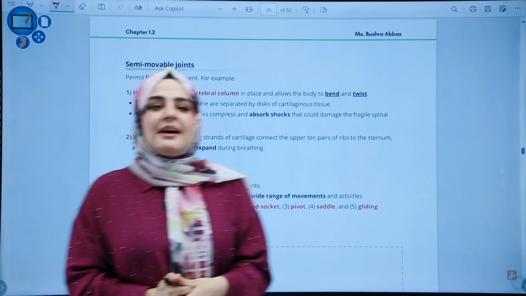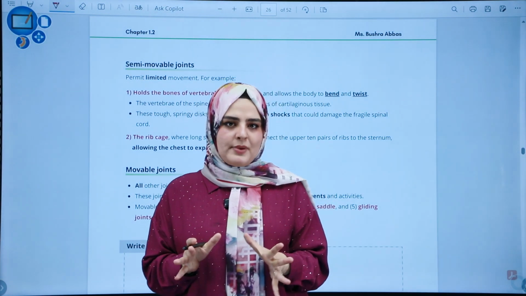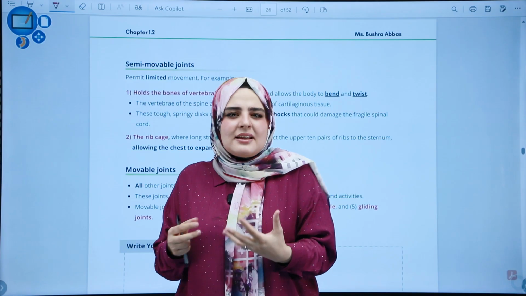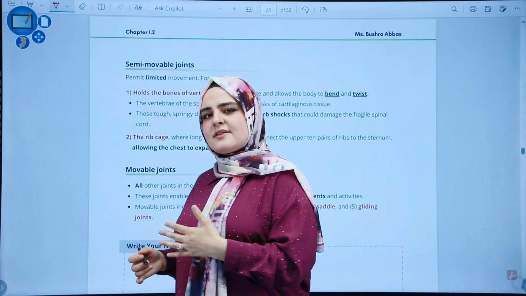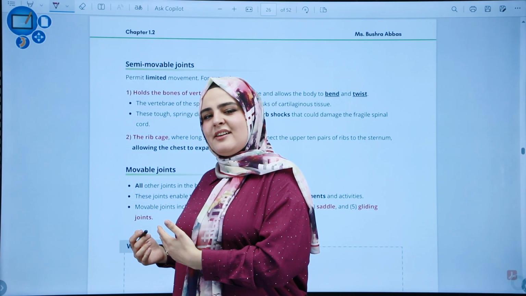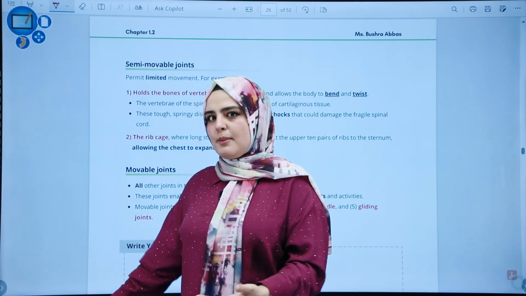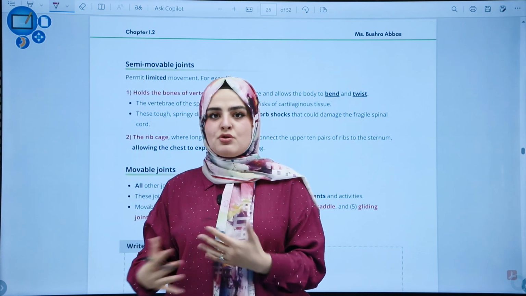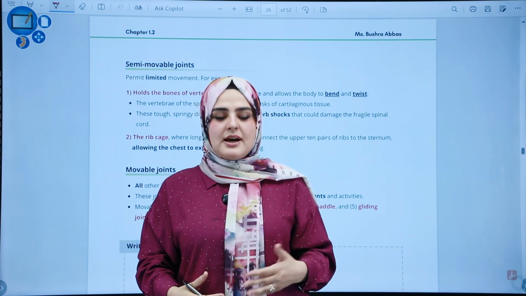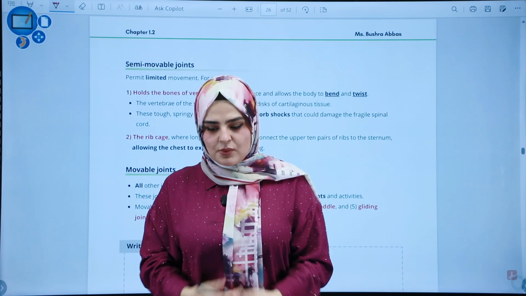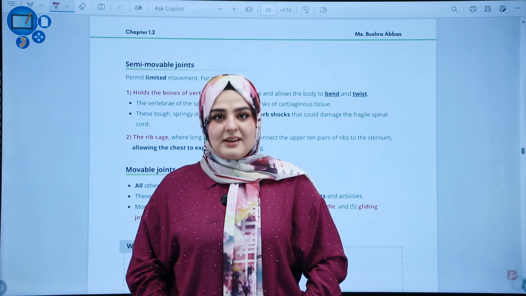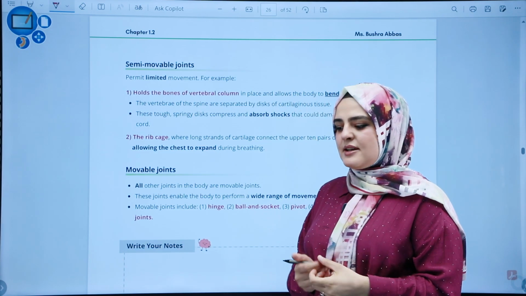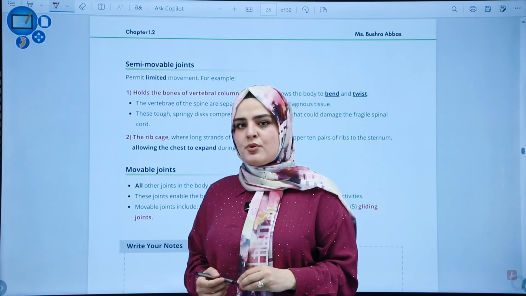Semi-movable joint. A semi-movable joint gives you movement, but super limited, like a twist of your spine. It doesn't move that much. But look at my hand, it's a movable joint. It moves in a very huge and wide range. As for the bending, without moving your hip, it is not that much. But it gives flexibility, because your spinal cord is so important to you.